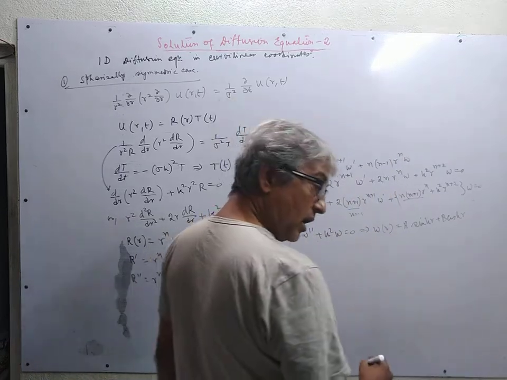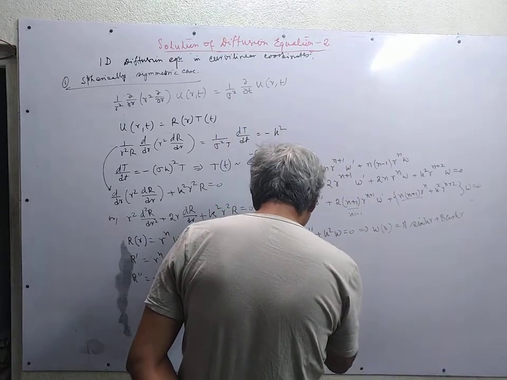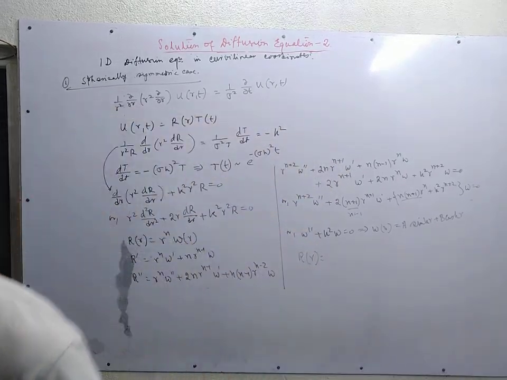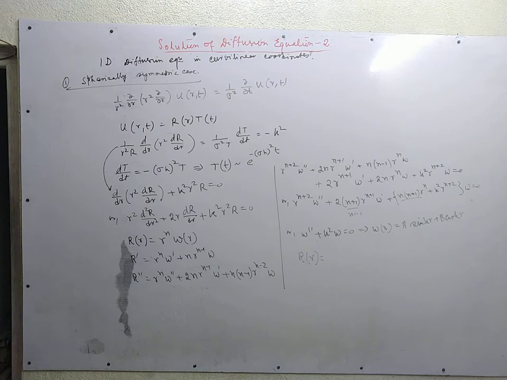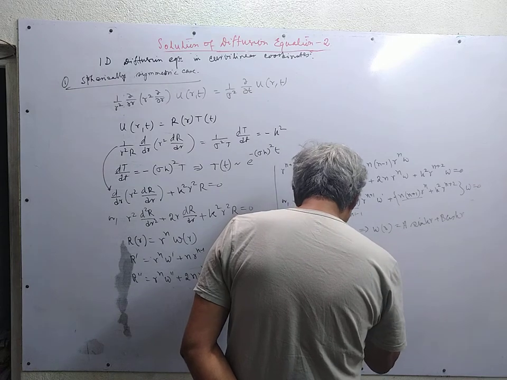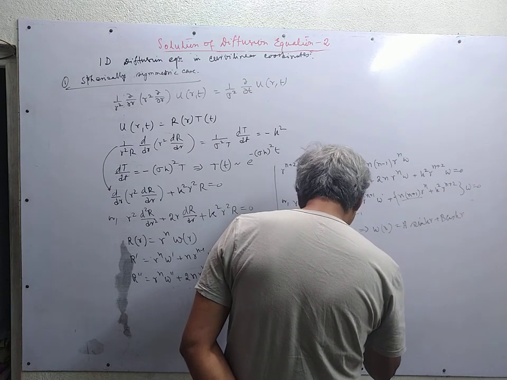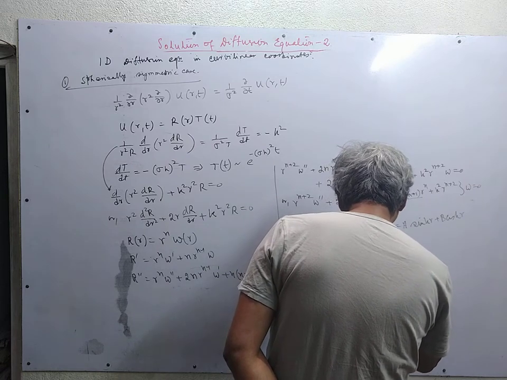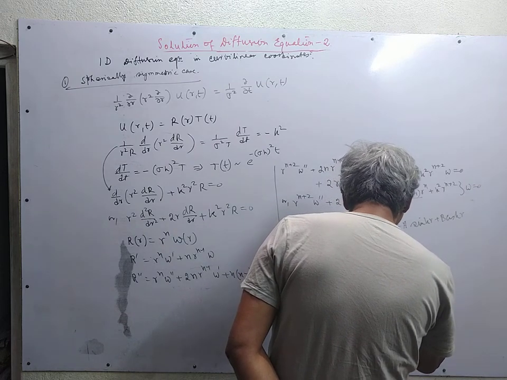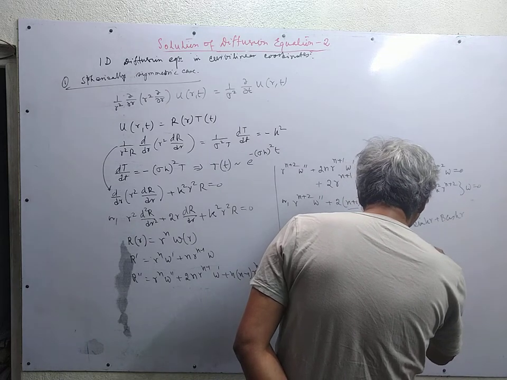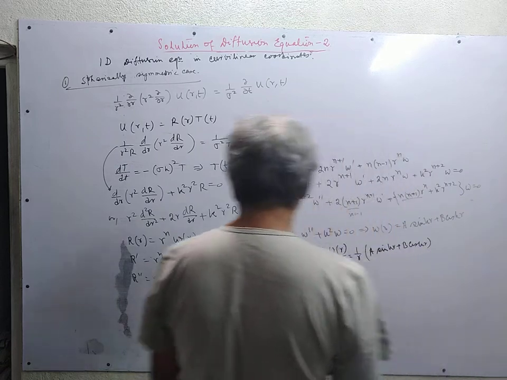So R(r) will be 1 by r times omega, that is 1 upon r (a sin kr plus b cos kr), as the solution of the radial part.